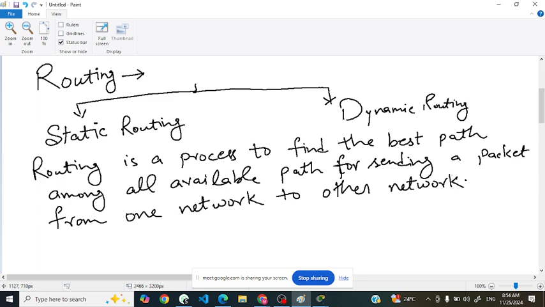Is it clear? With the help of the routing table, we can say.